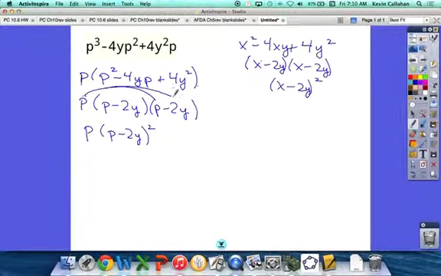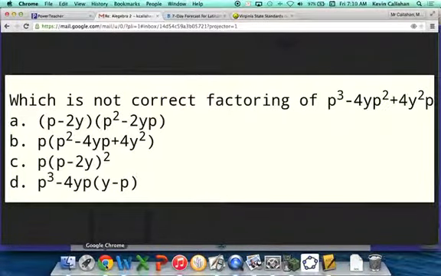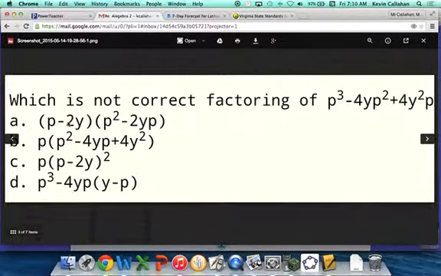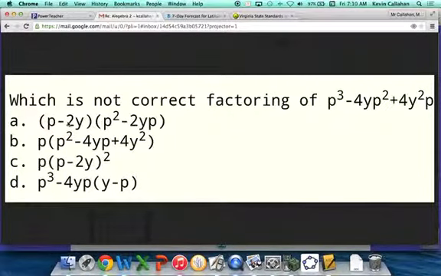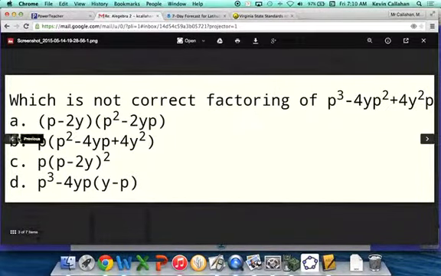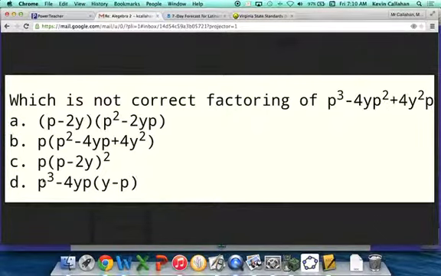I'm going to use it to distribute in the second parentheses, and that would give me p minus 2y times p squared minus 2yp. So that now it's exact. So we've made through my factoring on the other screen A, B, and C. The only one which you would not be able to make would be letter D. So the correct answer was letter D.